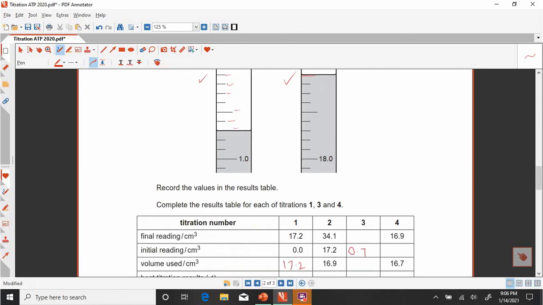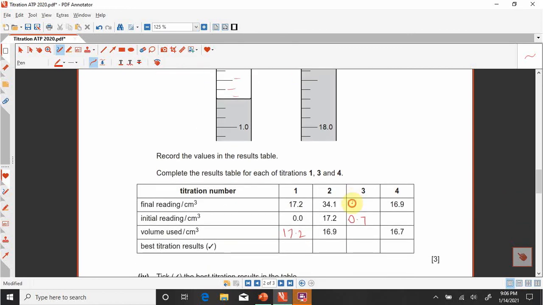So we will write here 17.1. Now how will we find the volume? Just subtract the initial from the final. So the answer will be 16.4 when you subtract this from this one.